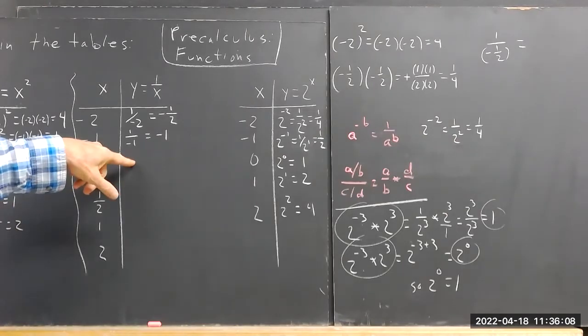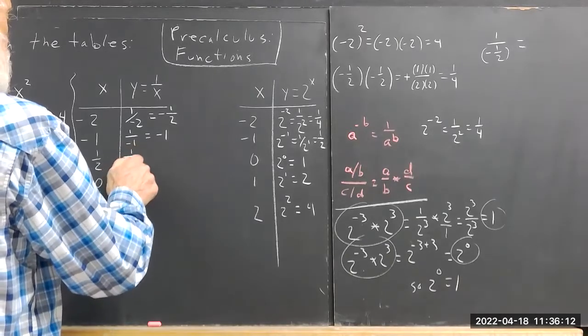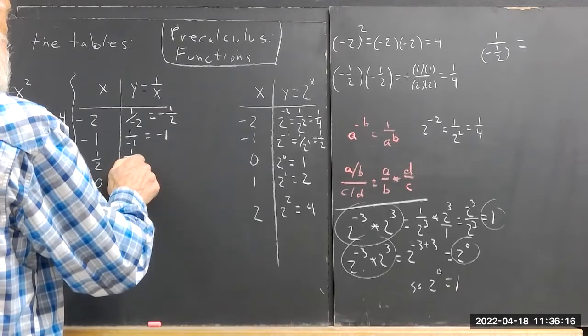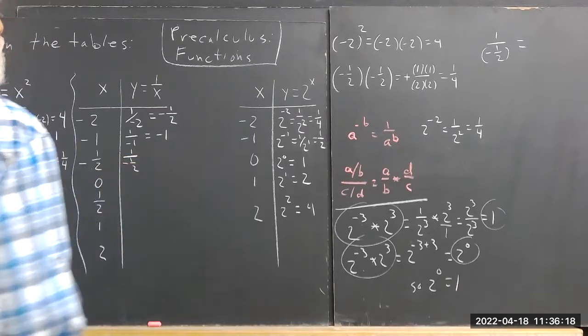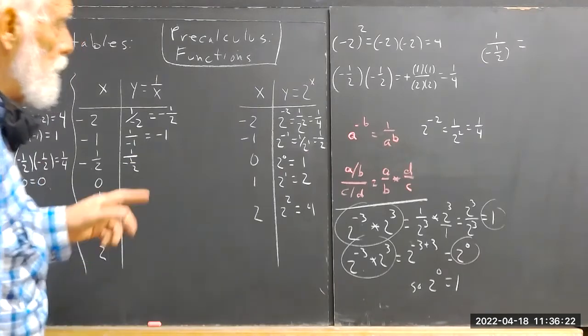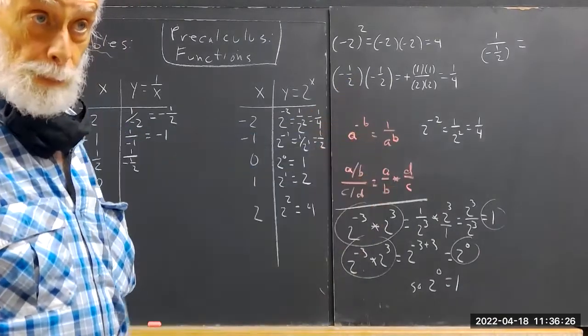Now, we often run into a hang up here. What's 1 over negative 1/2? Well, the rule for dividing by a fraction is you multiply by the reciprocal.